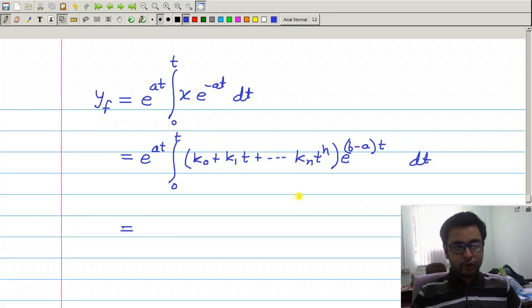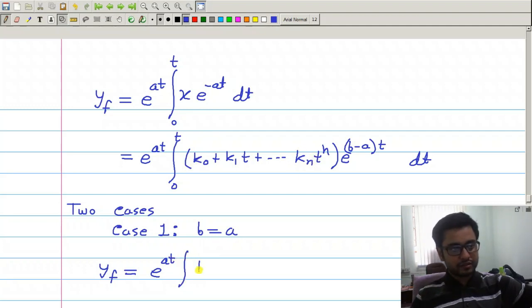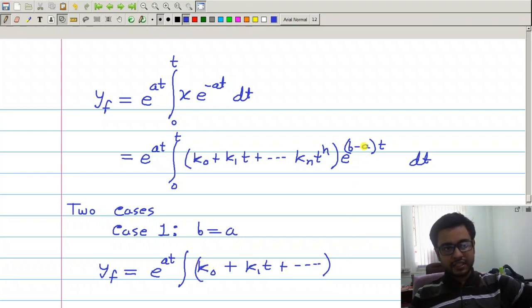Then we can have two possible cases. Case 1, when b is equal to a, then y_f is equal to e to the power at times the integration of this polynomial, and this term will be 1. So that's it.